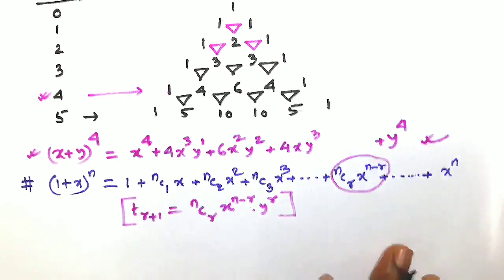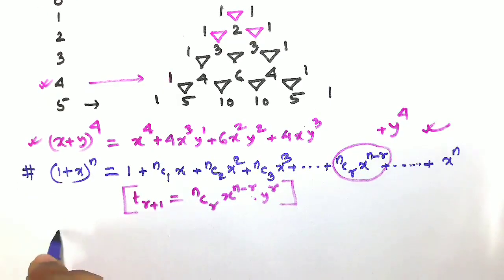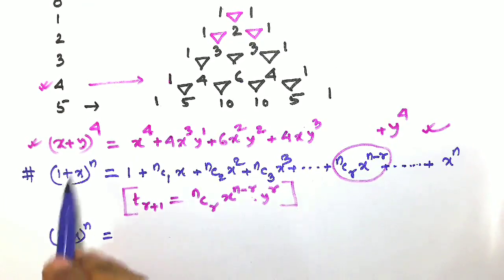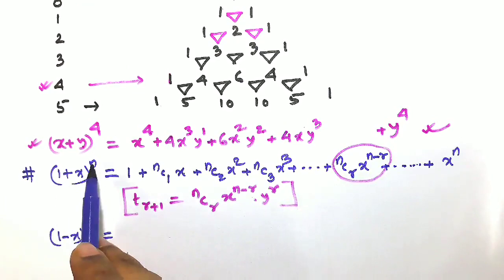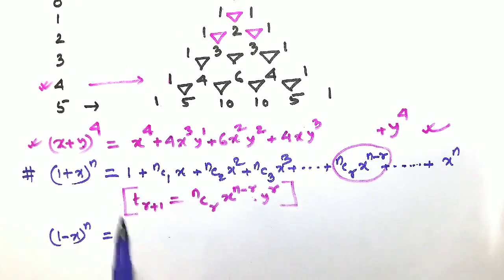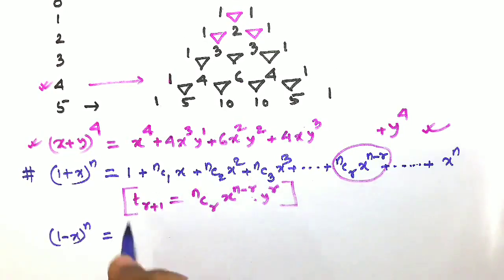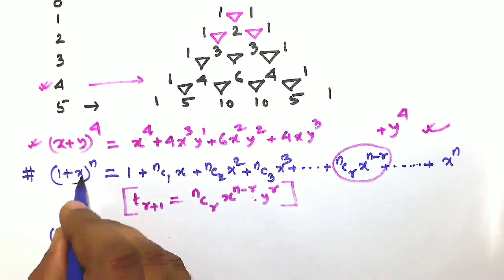Now if it is given (1 - x)^n, in the last tutorial you got (x - y)^n, where the signs were alternate. It is plus, minus, and continuing. So in this expansion also it will continue, since there is a negative sign in between.